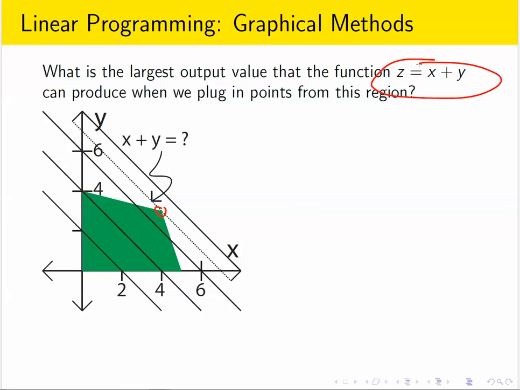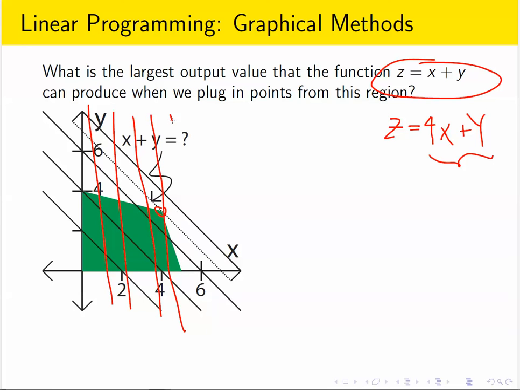Different functions with different coefficients here, like if I were to take z equals 4x plus y, would have given us a different set of lines to draw. Instead of x plus y equals a number, we'd end up with 4x plus y equals a number. So those lines would have been different, but again, they would have all been parallel lines, and the one with the maximum output value would have touched at a corner.